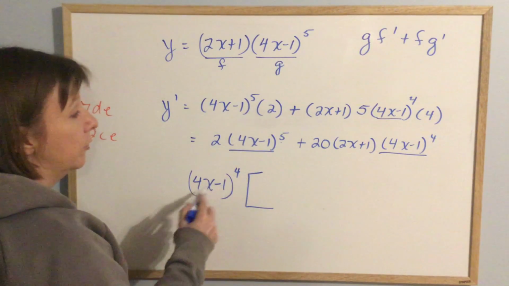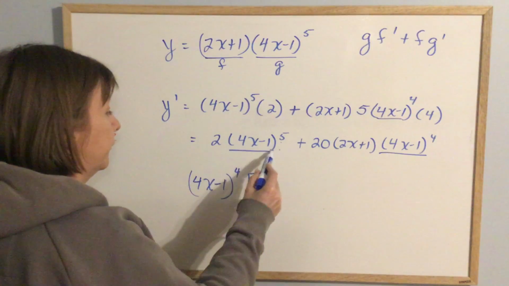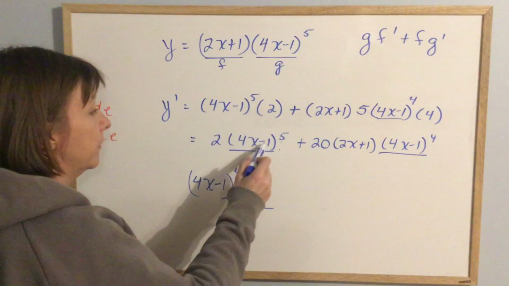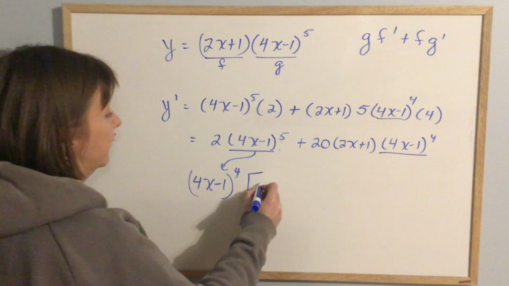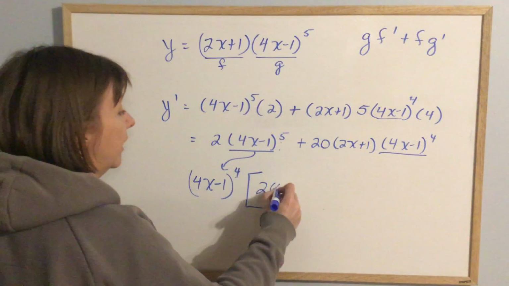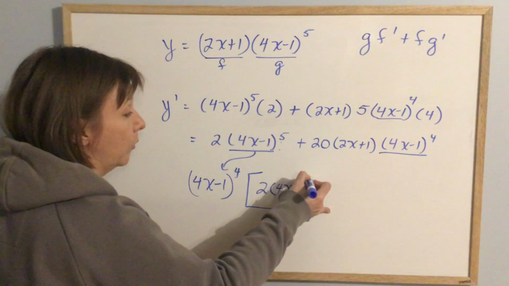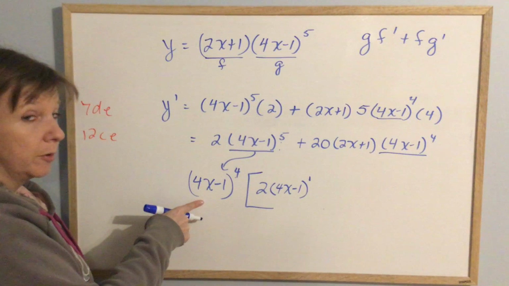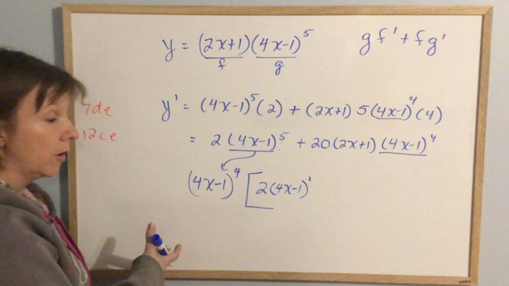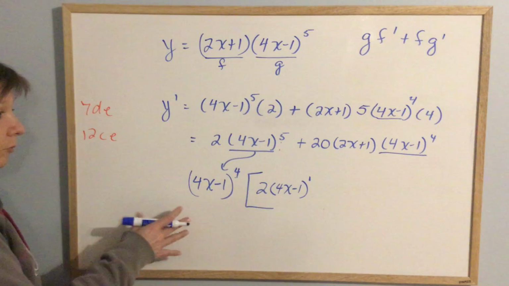If I take that out as a common factor, if I take 4 of these out of here and put it here, I still have the 2 left, and I have 1 4x minus 1. I just have one of them, because of the 5, I put 4 of them out here.